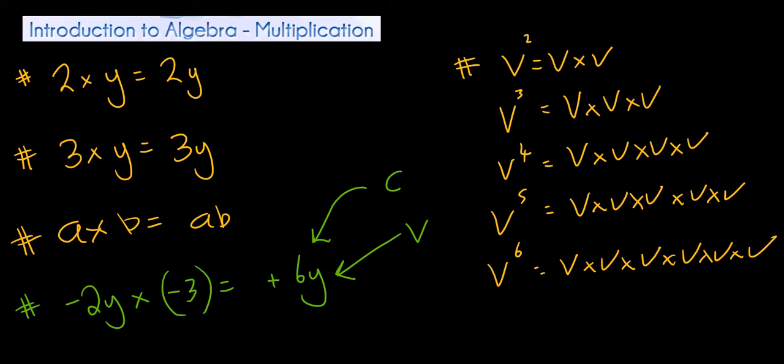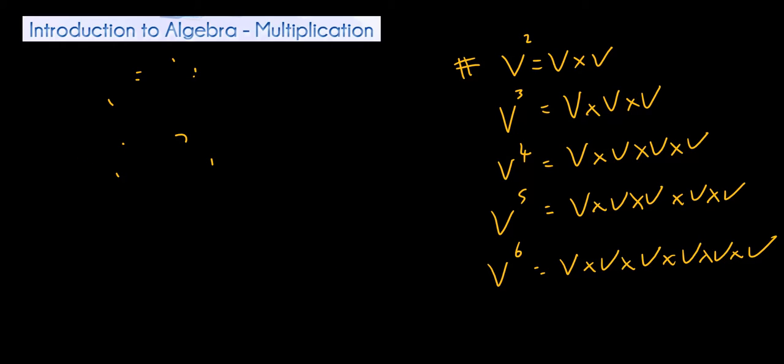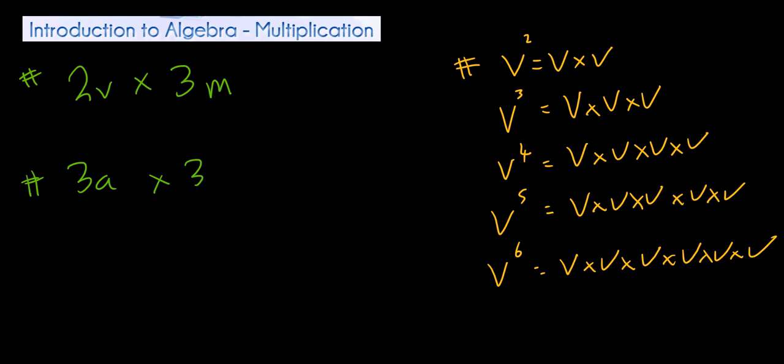So let's work with what we've done here and let's try multiplying some variables which are different. So let's have a go at multiplying 2v multiplied by 3m. And let's try 3a multiplied by 3b. And let's try multiplying 3x multiplied by 5y.